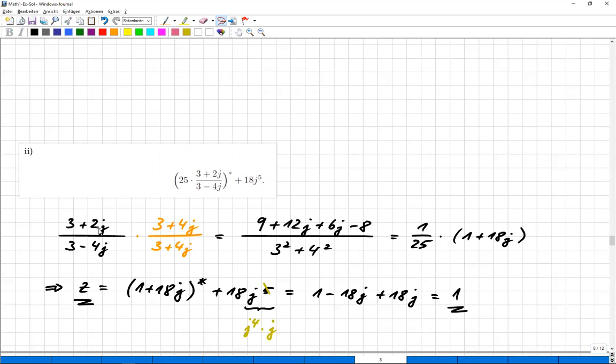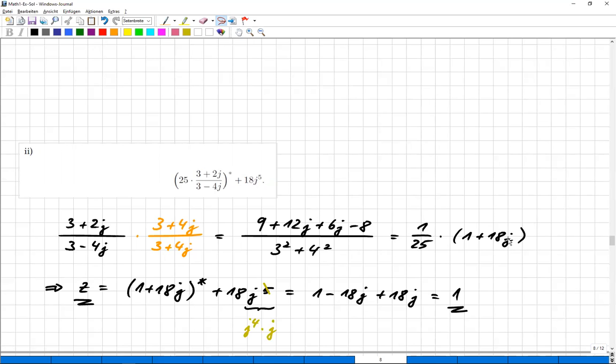And I get 2j multiplied by 4j. So that's 2 times 4 equals 8, but 8 times j squared. And that's why the plus 8 becomes a minus 8. I replace j squared by a minus sign. So altogether, I have 9 minus 8 for the real part, which is 1, and I have 12j plus 6j, which is 18j for the imaginary.